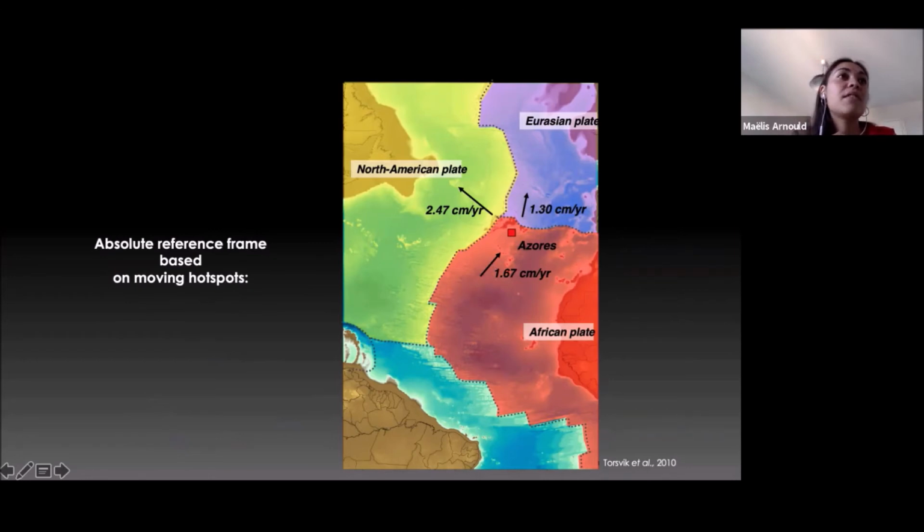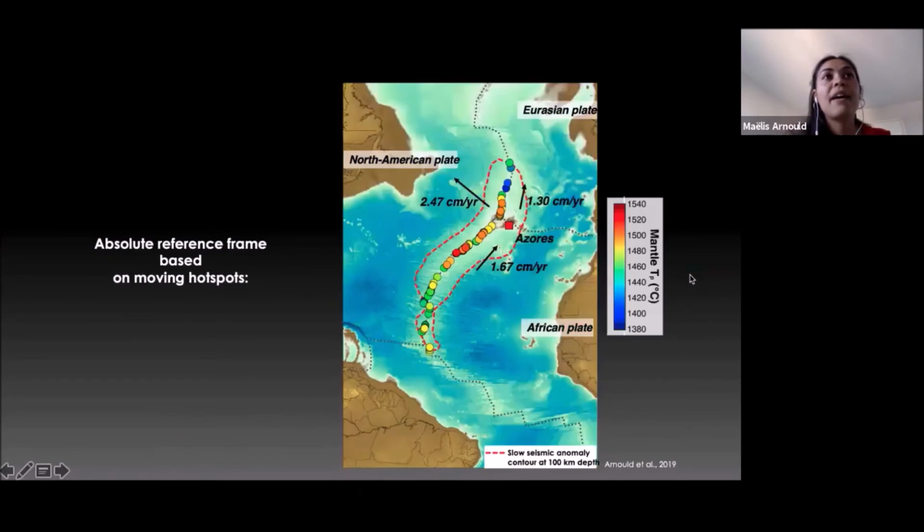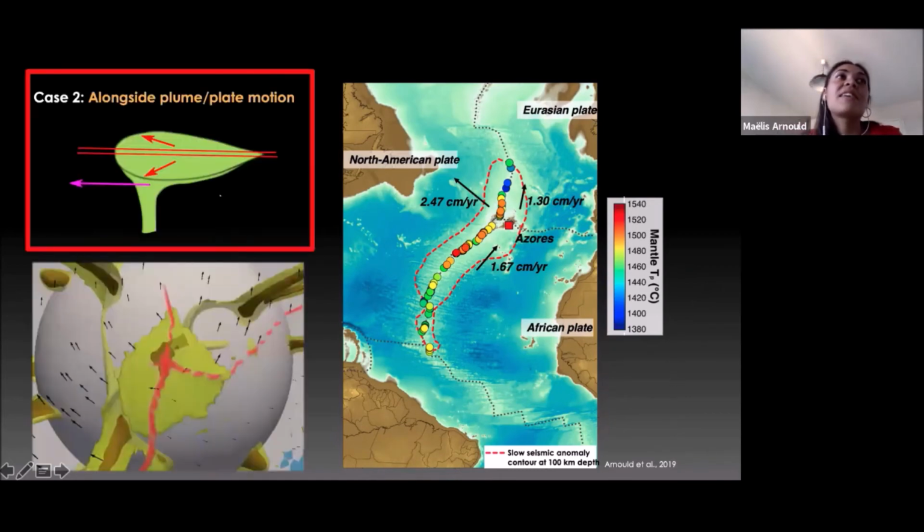And what we can see is that basically all the plates around the Azores are moving northward. And if we plot back the thermal anomaly that we could see in the mantle, this is oriented southward, which is in the opposite direction from the plate motion. So that would mean that we are in case 2, in this scenario where you would have a northward motion of the Azores plume faster than the absolute plate motions. And this would be necessary to induce this thermal asymmetry.